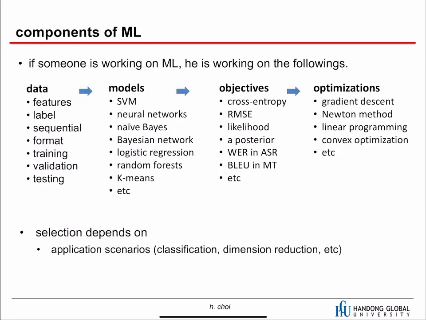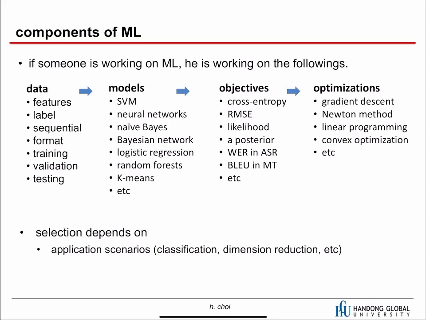Then the next one is components of machine learning. It's pretty much similar to the workflow, but from a slightly different perspective. If someone is working on machine learning, then they are working on one of the following. The first one is data. We have to gather data, which corresponds to the data acquisition process.